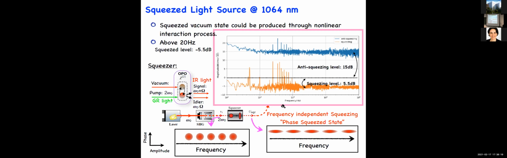So we can first prepare the phase squeezing state like this. We also call this frequency independent squeezing.